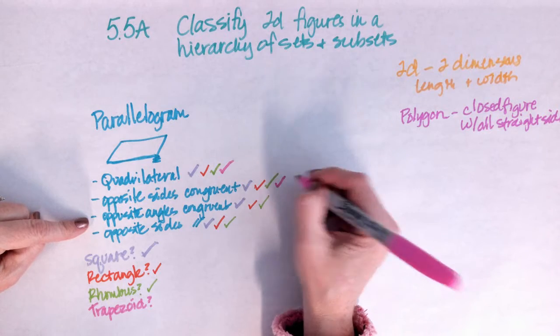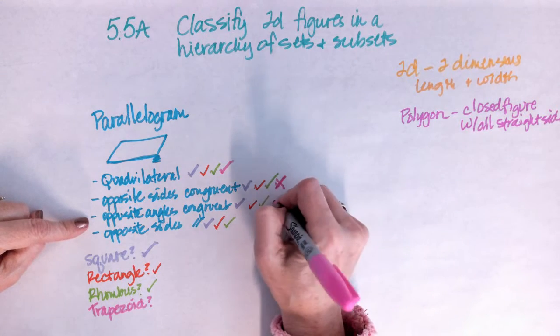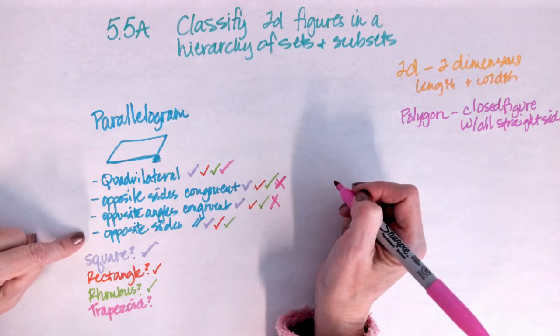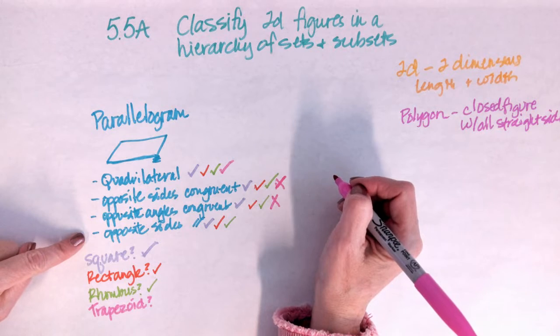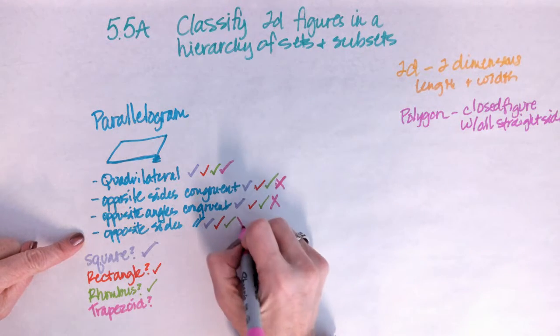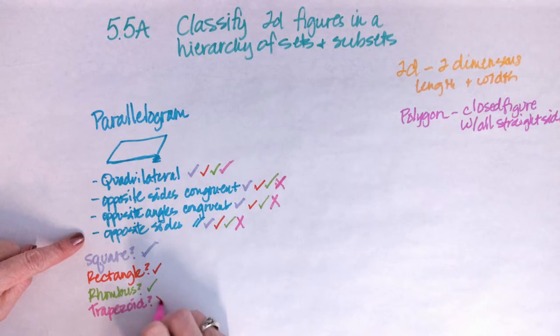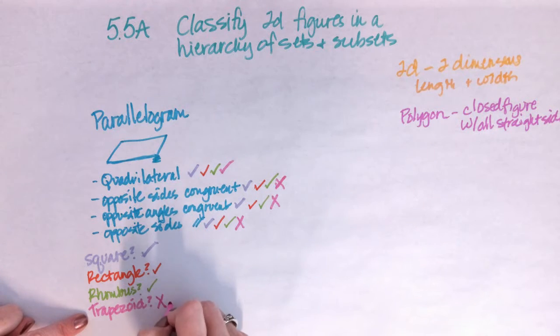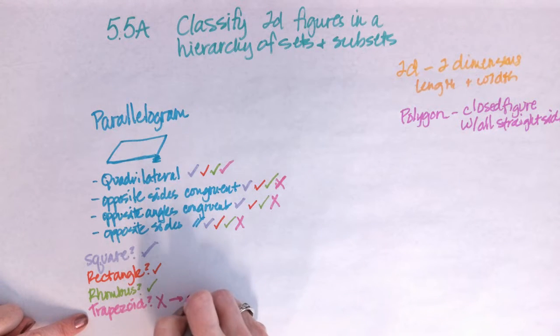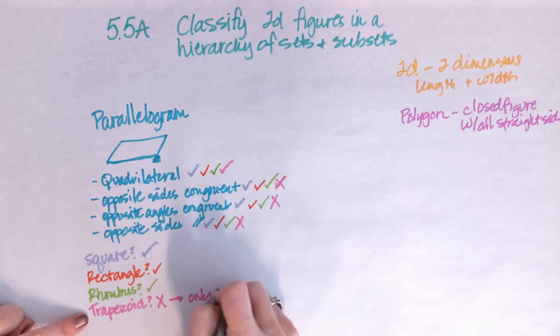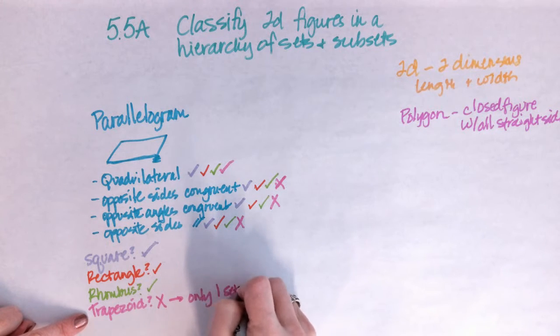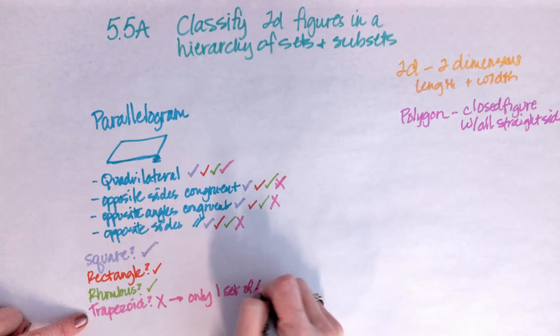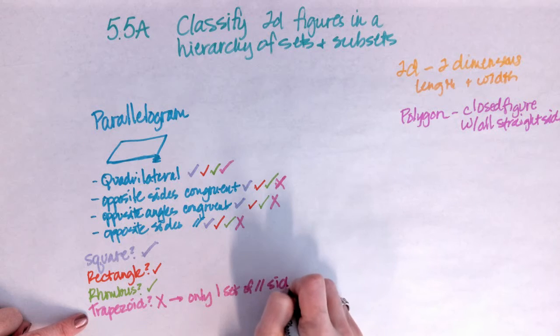Are opposite angles congruent? No, they don't have to be. Are opposite sides parallel? No, only one set of sides is parallel. So a trapezoid is not a parallelogram. It has only one set of parallel sides.